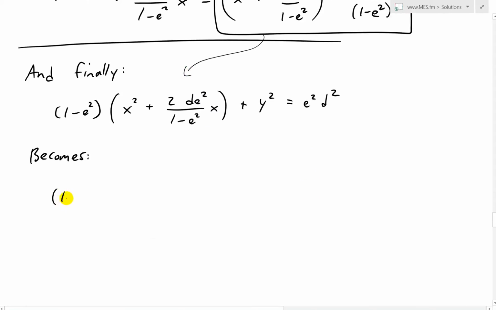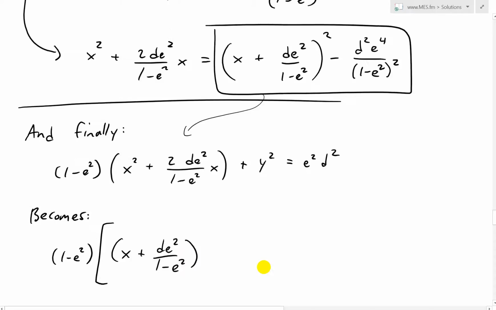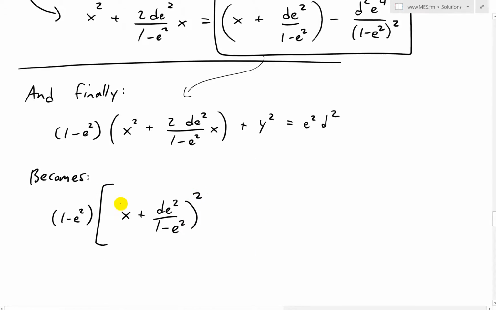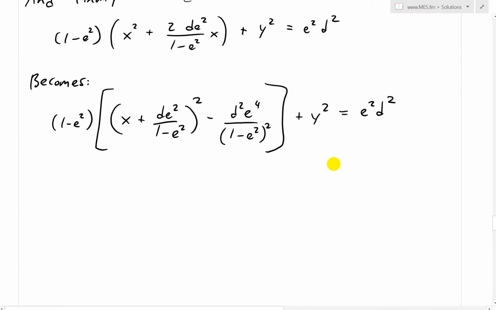So we now get 1 minus e squared, and then a giant formula: x plus d e squared over 1 minus e squared, all squared, minus d squared e to the 4 over 1 minus e squared squared, plus y squared equals e squared d squared. And now what we could do is multiply this out.